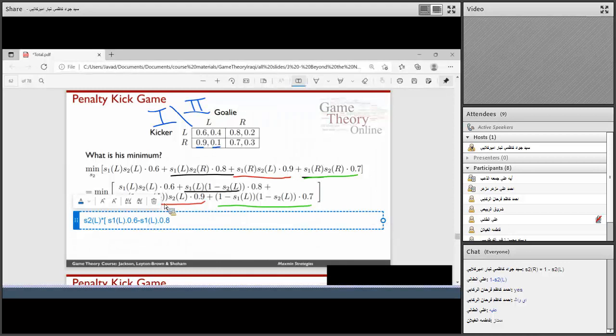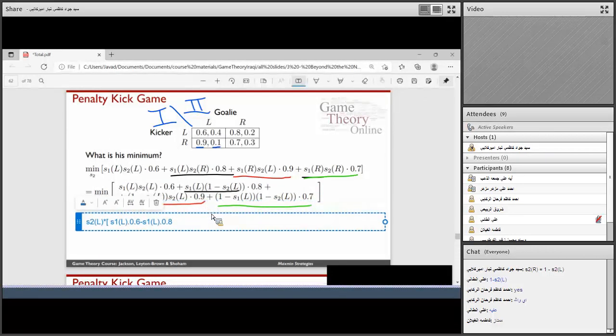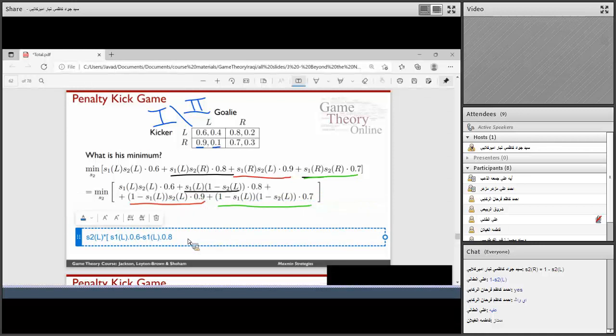Then for S2 of L, we have minus 0.9 S1 of L, and then plus 1 minus S1 of L times 0.7.